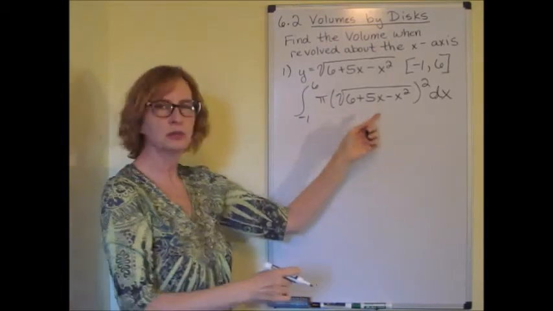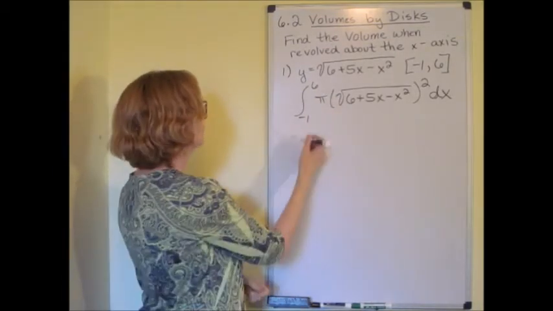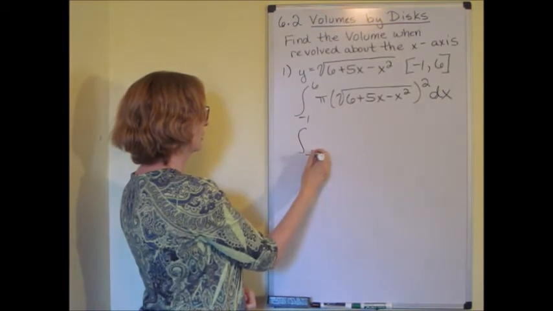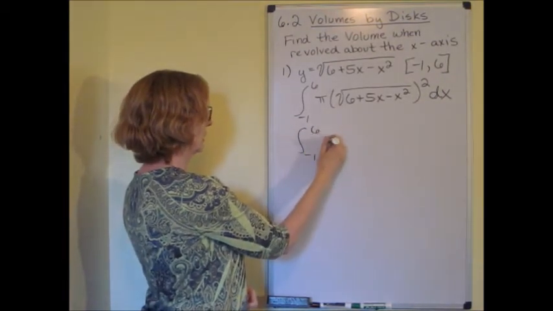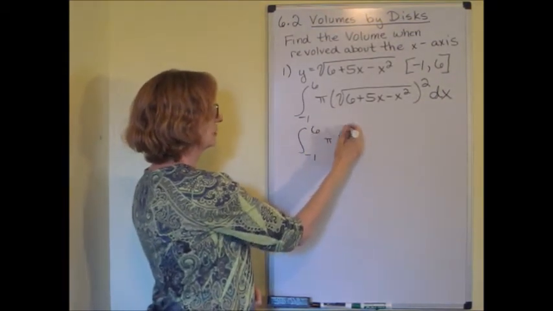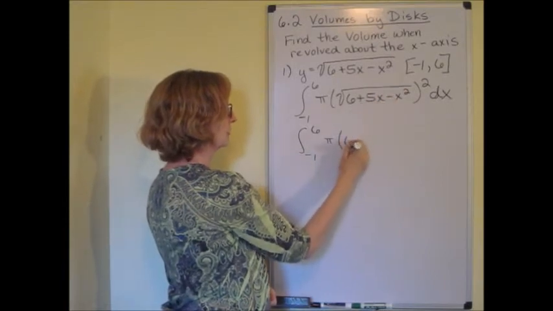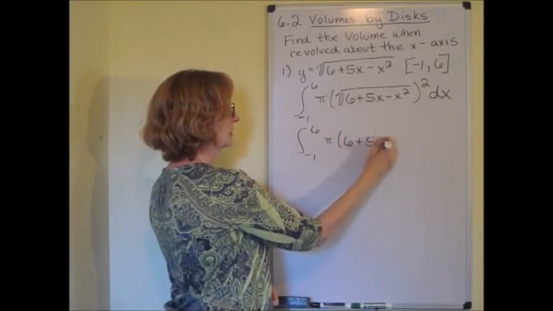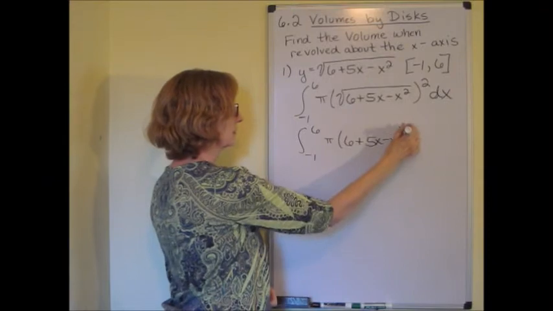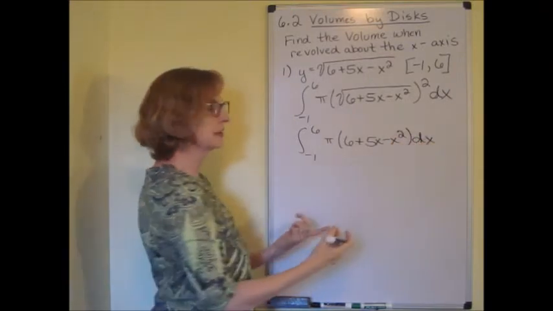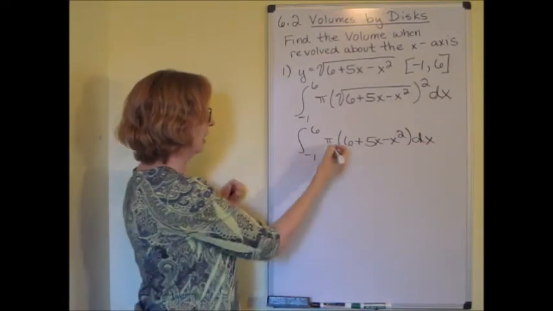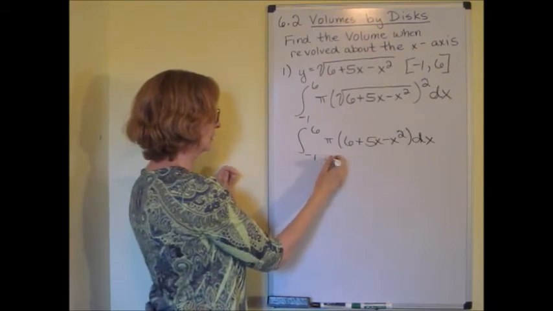When I square a square root, it just takes the radical off. So really what I have is from -1 to 6, pi, and then this takes the radical off. That's just 6 plus 5x minus x squared dx. Let's integrate. We don't have to worry about the pi, just bring that out in front.